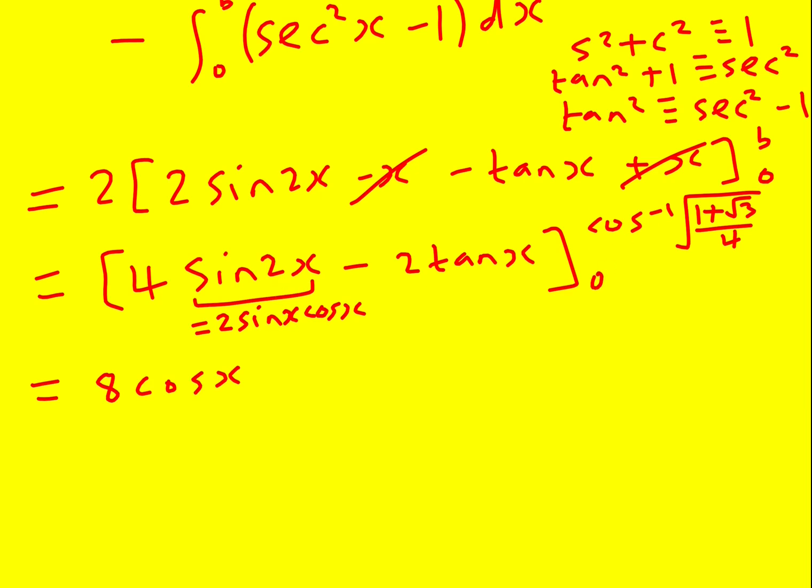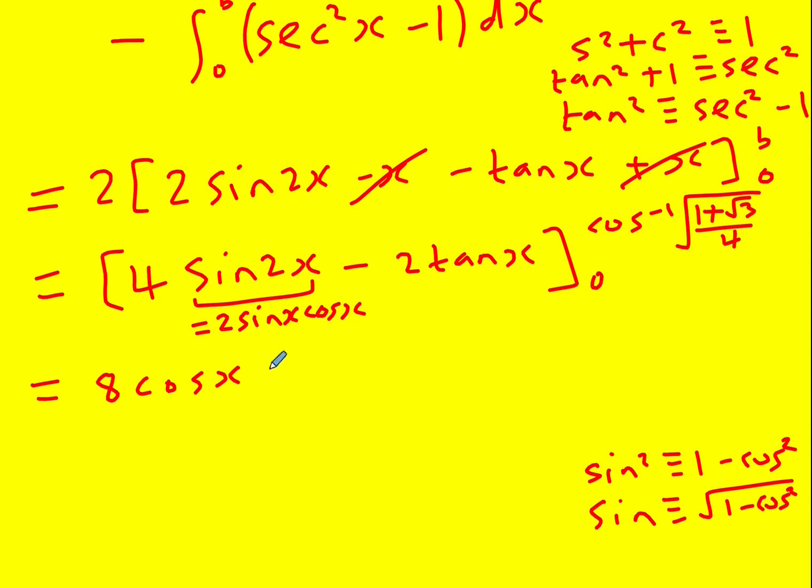I want it so that I can put inverse cos in, finding sine of inverse cos. This is how you do it. We know that sine squared is 1 minus cos squared, and therefore sine is the square root of 1 minus cos squared.